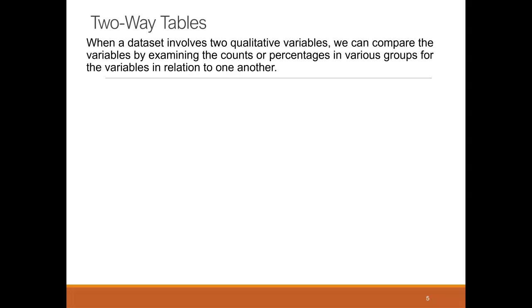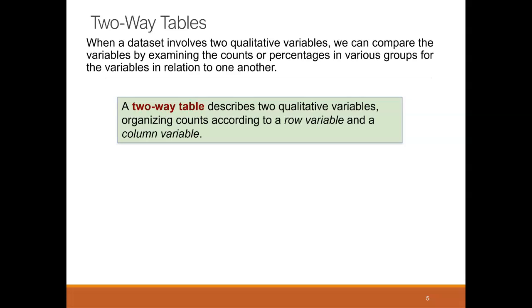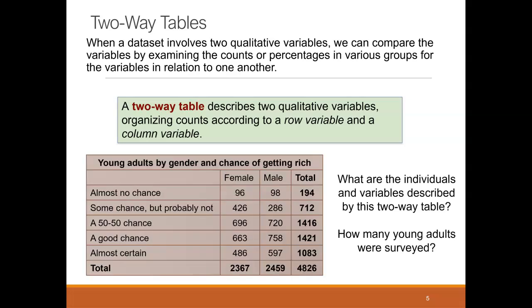So another type of table, rather than just the frequency or relative frequency table that includes one variable, is a two-way table that involves two variables. We have two qualitative variables, and the counts are organized into a row variable and column variable.